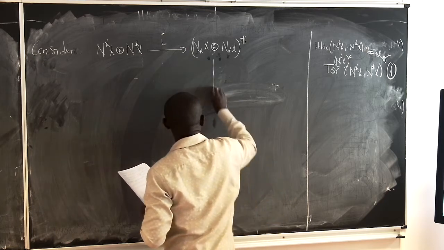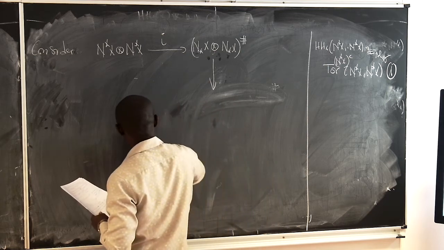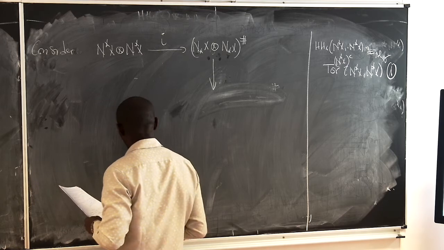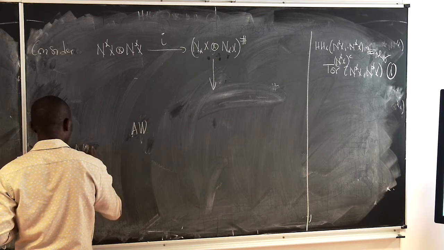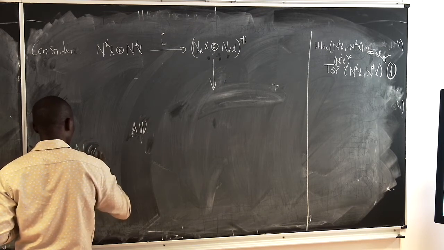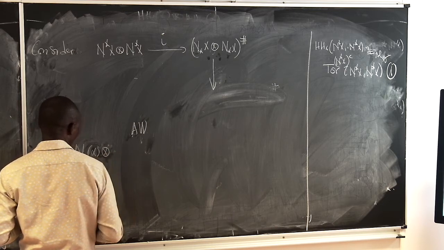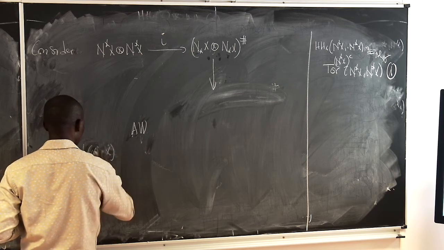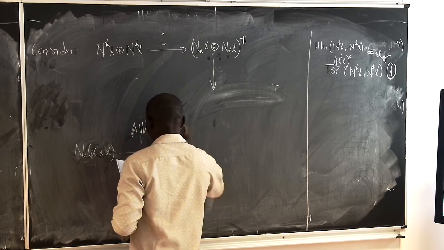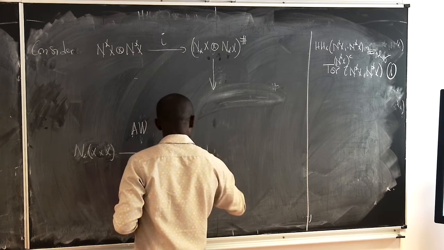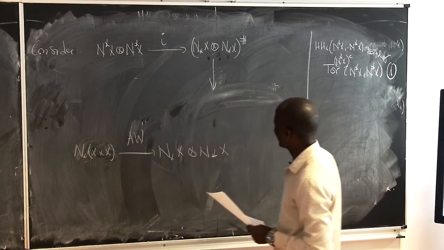Okay. And then the first day, I defined the Alexander-Whitney map, defined from N X cross N X to N of the product. I defined this map.